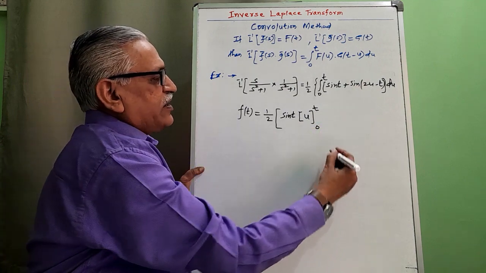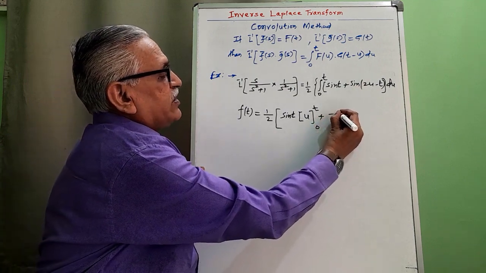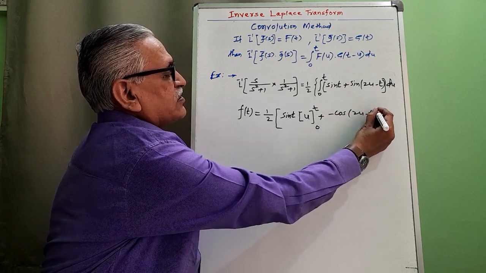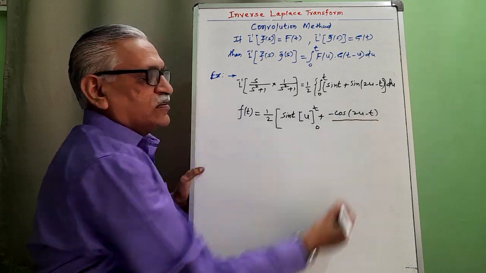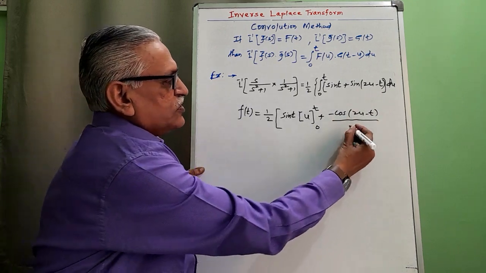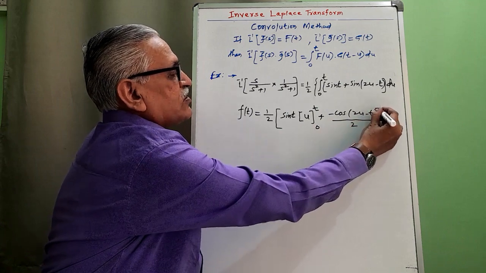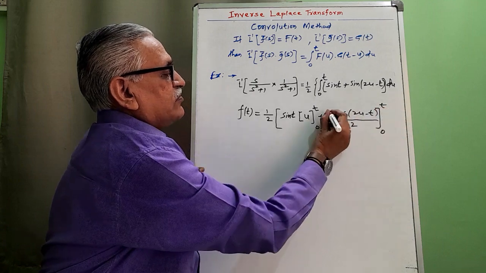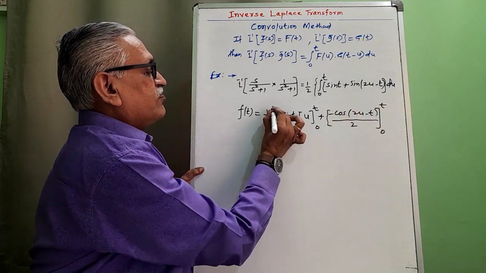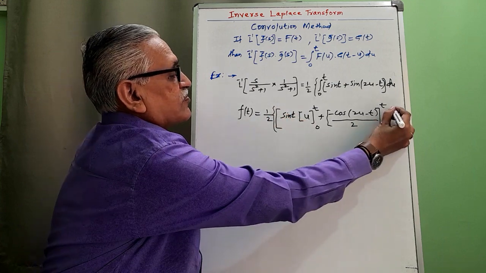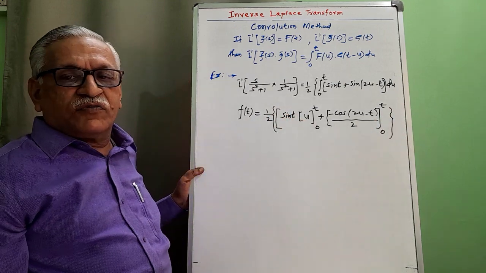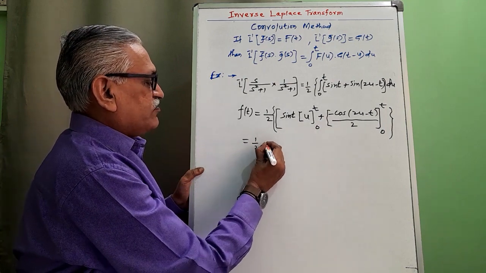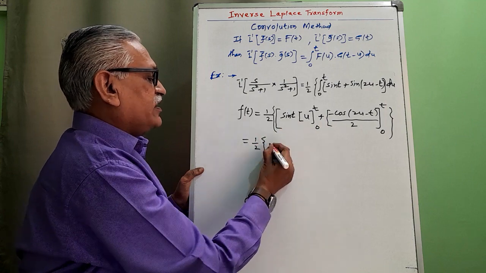Then integration of sine is minus cos of (2u minus t) whole divided by the coefficient of u, which is here 2, therefore divided by 2, limits from 0 to t. Substituting the upper and lower limit for these two terms, we get 1 by 2 times sin t.